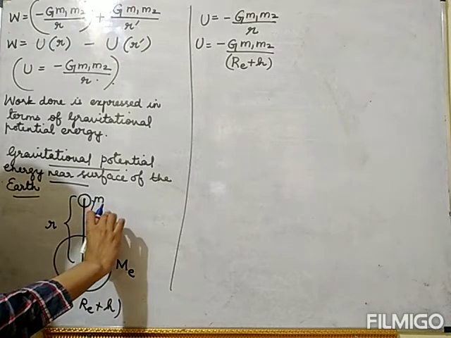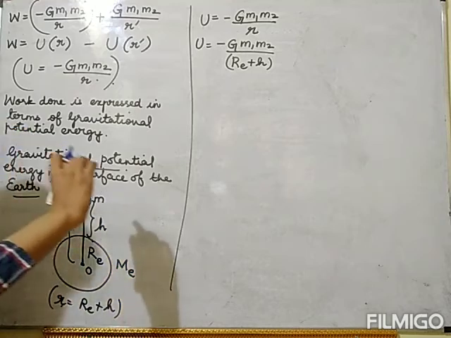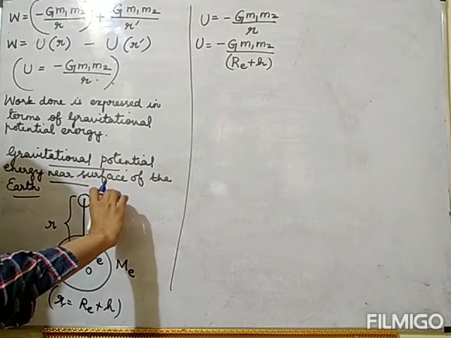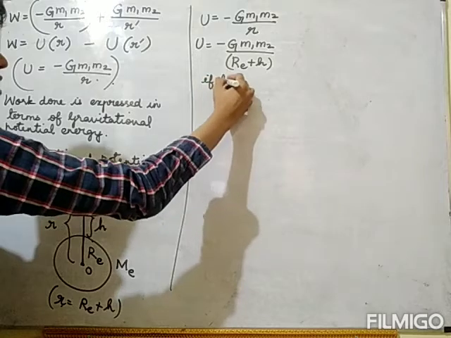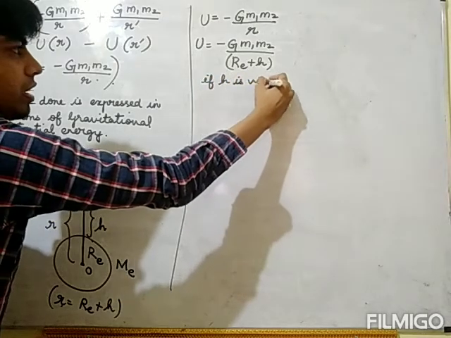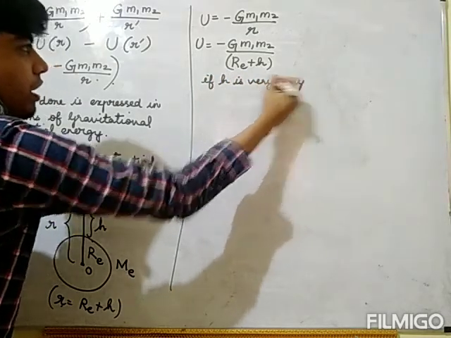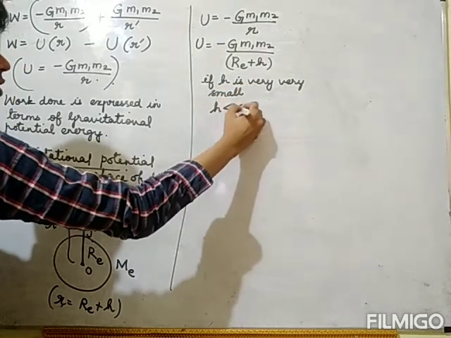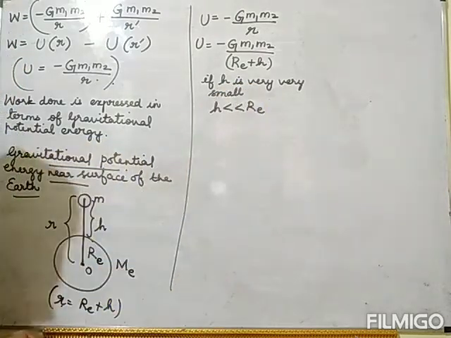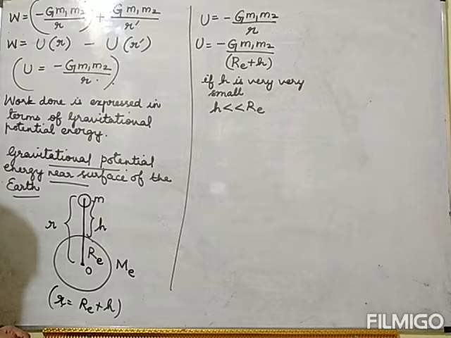If H is very small when compared to Re, how can I write this equation?